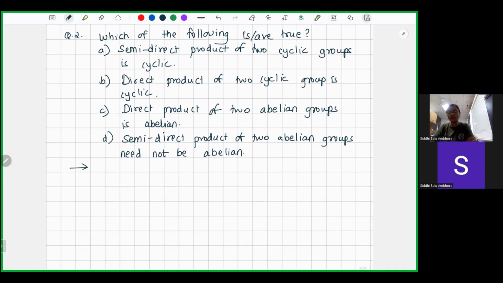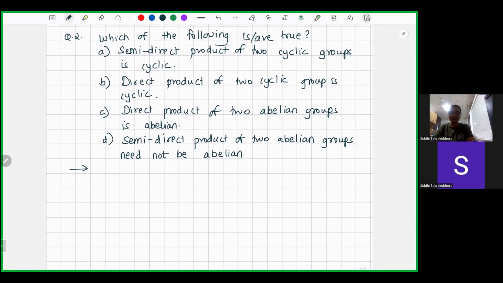To talk about the semi-direct product, we have to go to a group where we have two subgroups, one of them normal, the other one not, and look at its product. We have to start with subgroups which are cyclic, and then prove that their product is not cyclic or whatever we get.